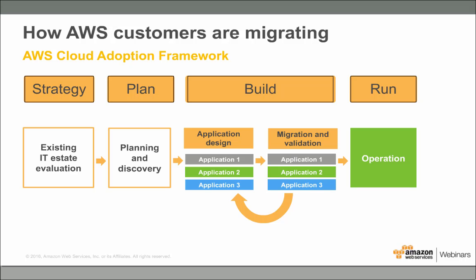So when you think about it, I'm not sure if a lot of you have heard about the AWS Cloud Adoption Framework. It's a framework that AWS Professional Services have developed based on our experience working with some of the largest enterprise customers out there. It really brings in our experience, and it's pretty much available to anybody who wants to consume it, especially our partners.